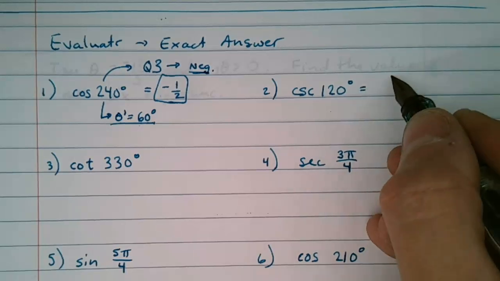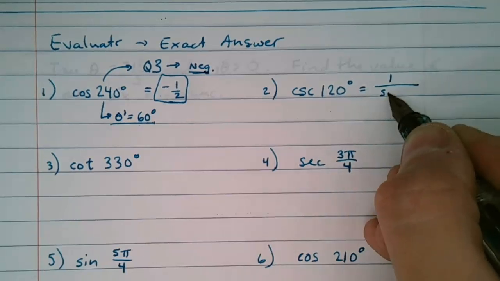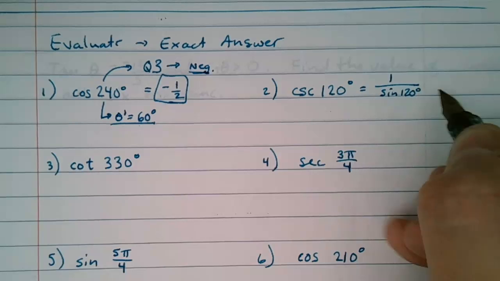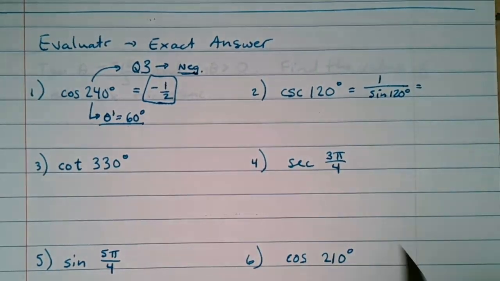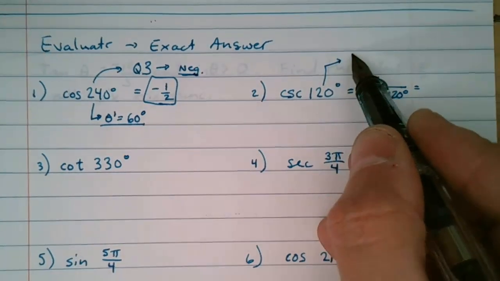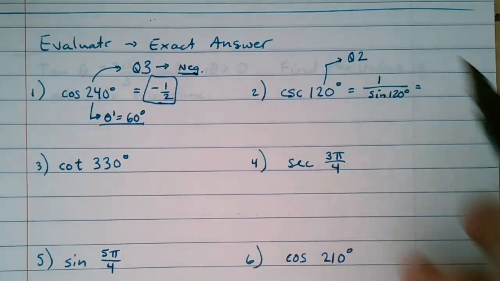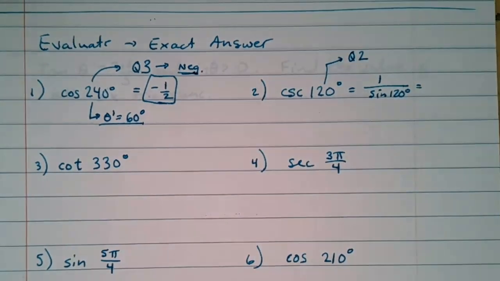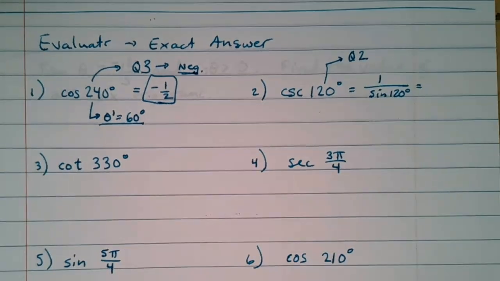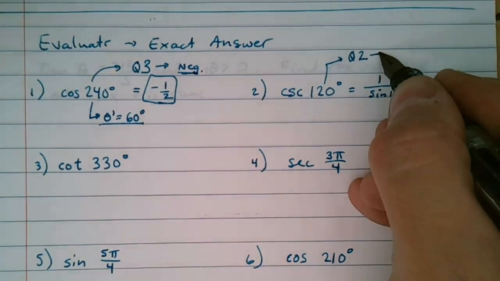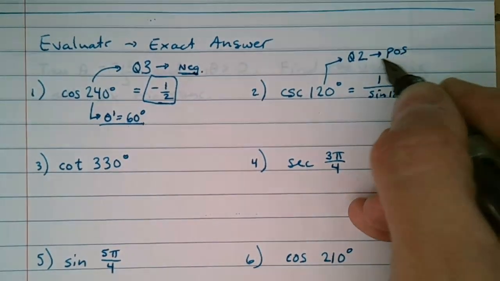Cosecant of 120 is 1 over the sine of 120. What does that mean? That means I'm going to find the sine of 120 and I'm going to flip it. Well, where is 120? It is in quadrant 2. Quadrant 2. All students. Okay, so that means sine is positive in quadrant 2.